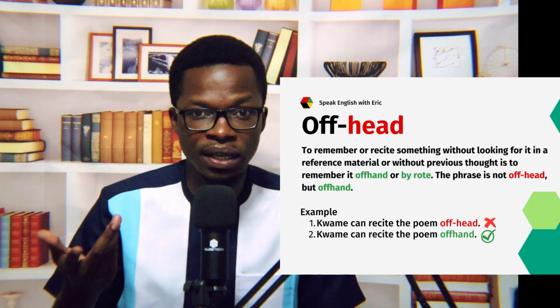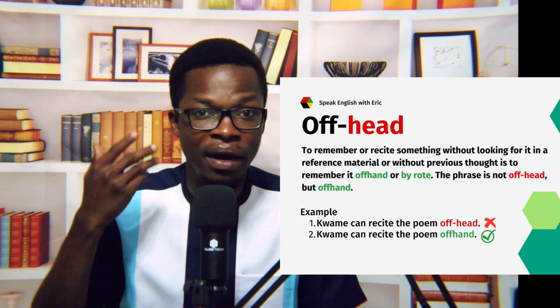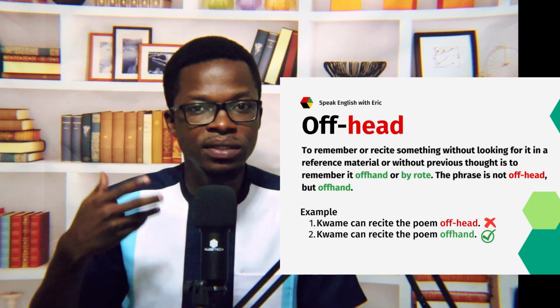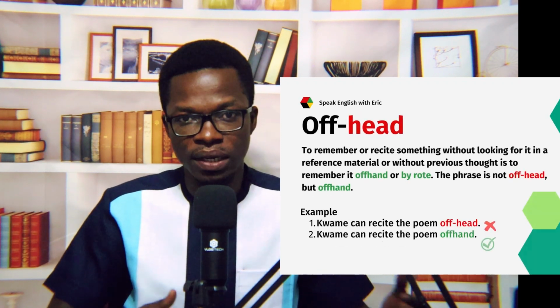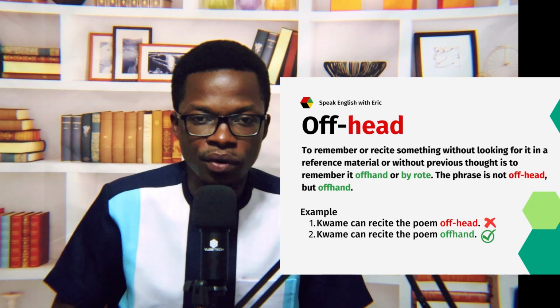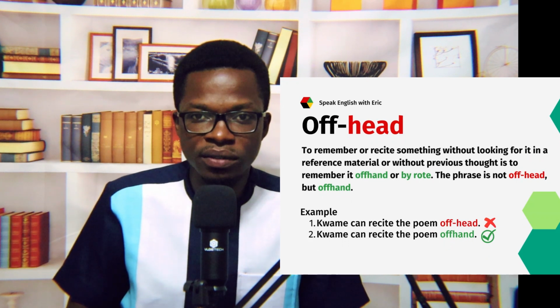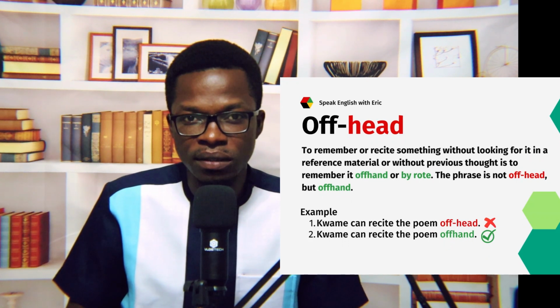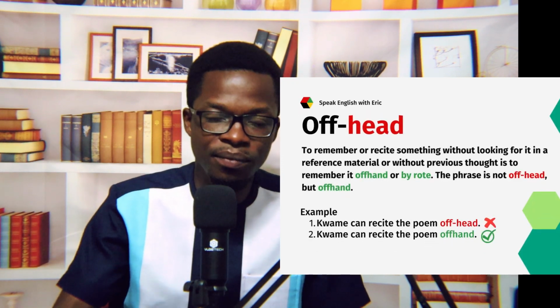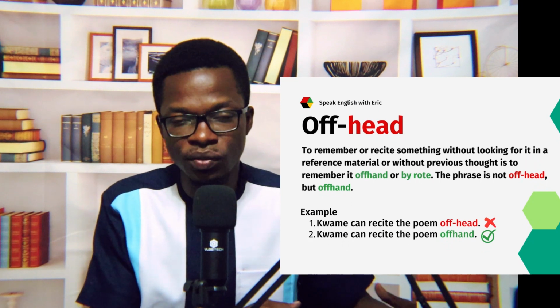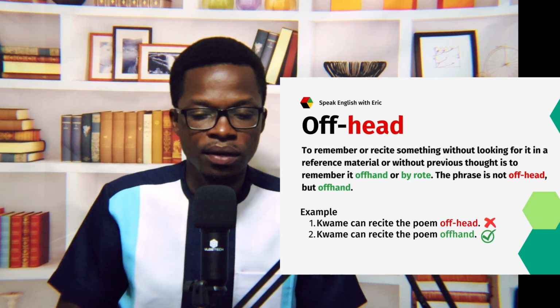Another synonymous idiom is by rote or by memory, right? To be able to say something from memory without making any references to any document. So for example, Kwame can recite the first 20 elements offhand, which means that he can recite them without making references to any document, right?